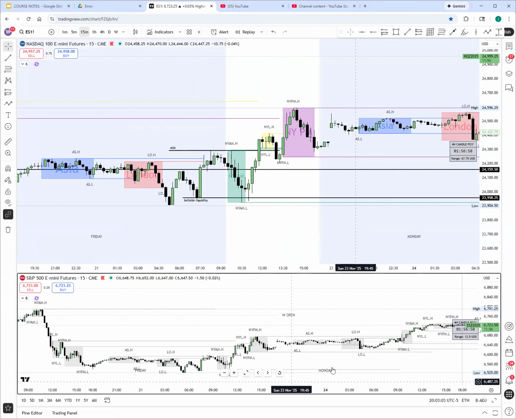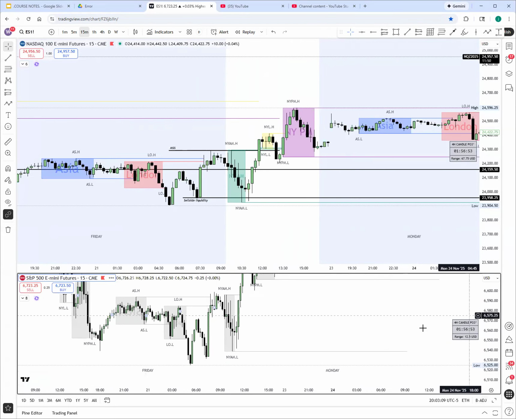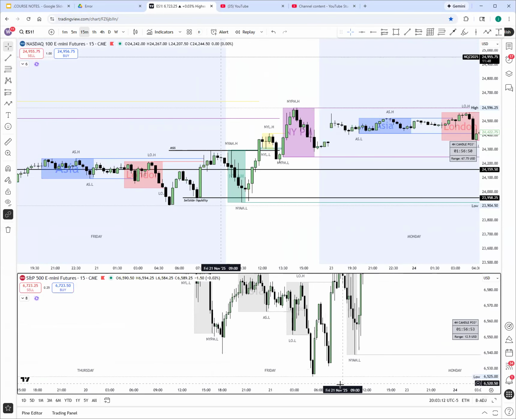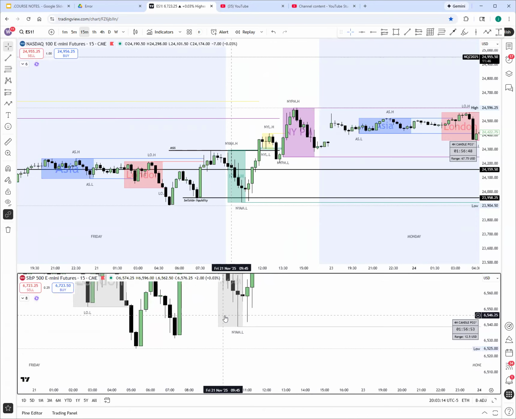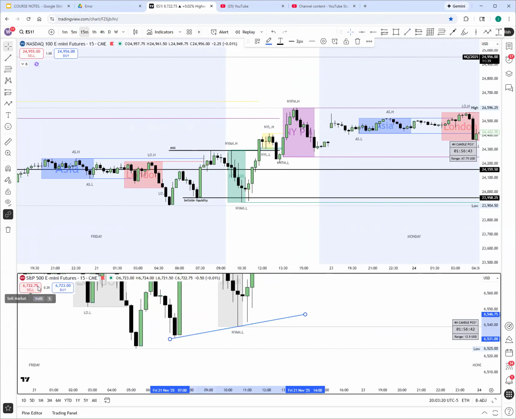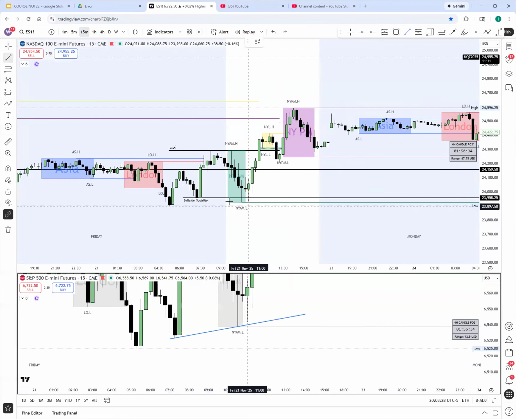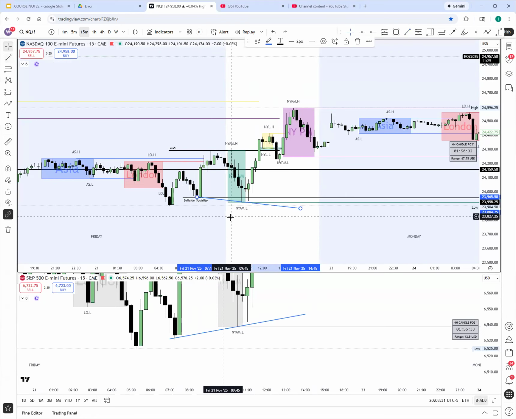And if y'all can't see that well, let me know. Basically, I just wanted you to be able to see this little piece of price action right here. We got SMT because right here the S&P did not take out this low, but right here we did take out this same low.